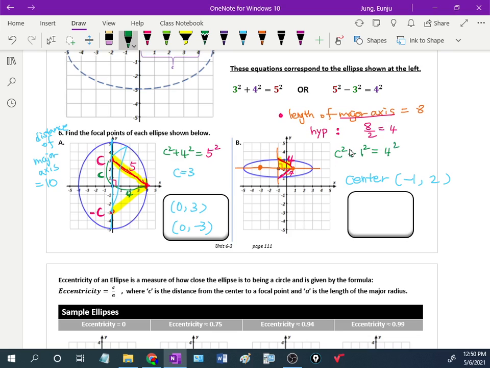So this c is not the c in a squared plus b squared equals c squared, okay? This c is just the length from the center to the focus, one of the foci. So what would be that number? So let's calculate. This will be the square root of 16 subtract 1, so that will be root 15, right?